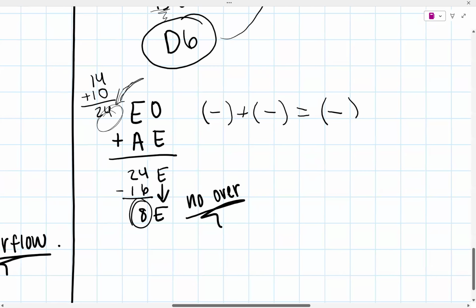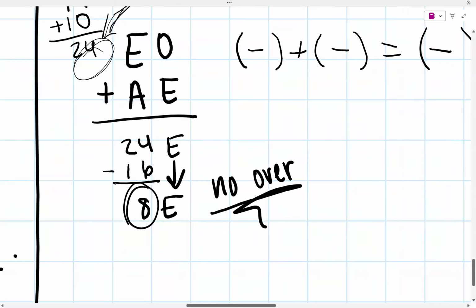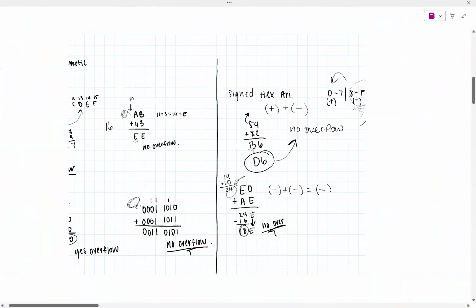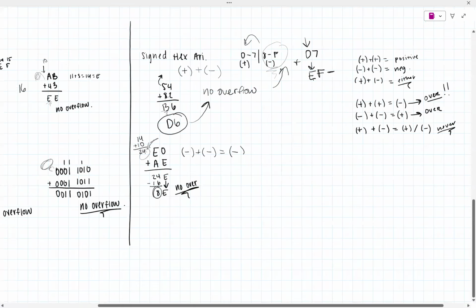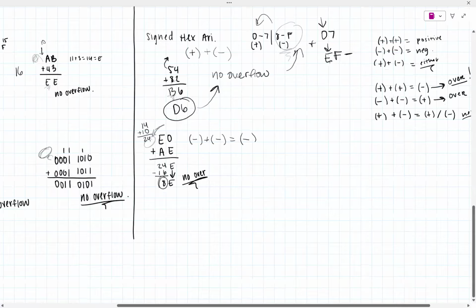So really, it doesn't matter about the bits you have out here. The only thing that matters is if the signs are correct. And that's the difference between unsigned and signed, right? Okay. So that is hexadecimal.